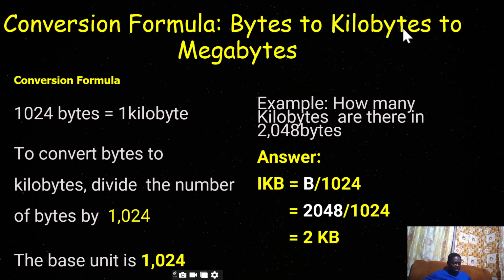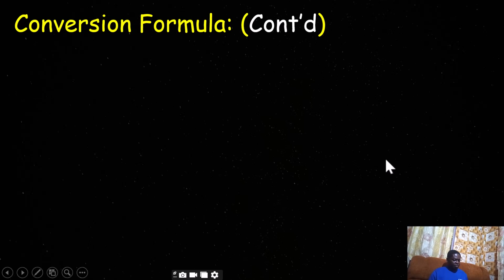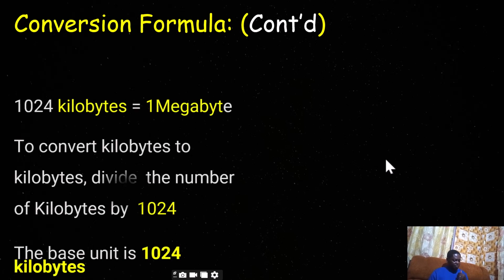In the second step, you substitute the value which was given, which is 2048, by 1024, and this gives us 2 kilobytes.